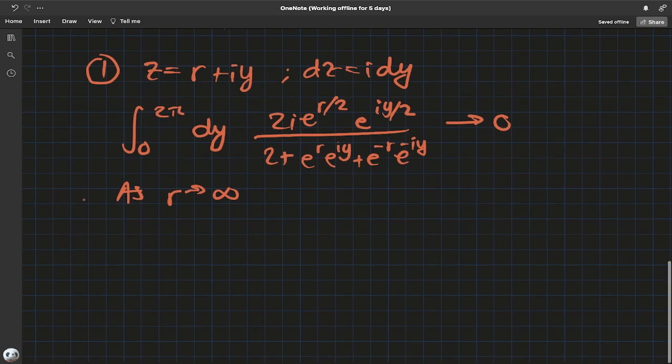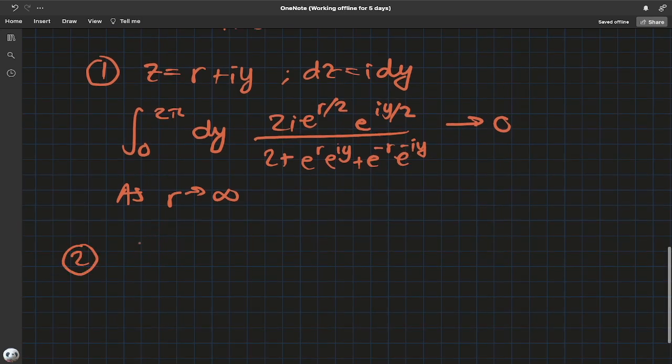Now for segment 2, our parameterization is z equals x plus i 2 pi.